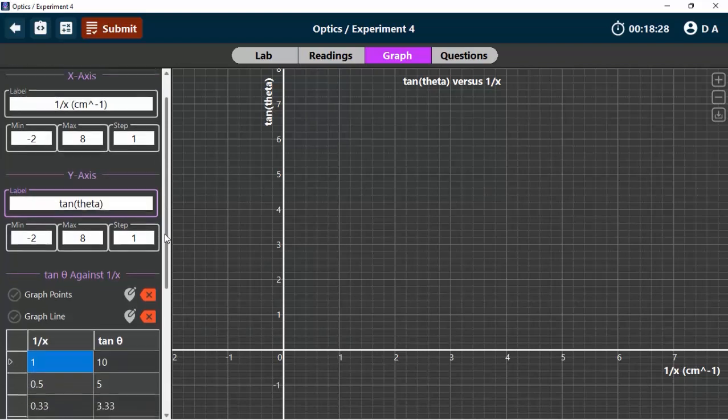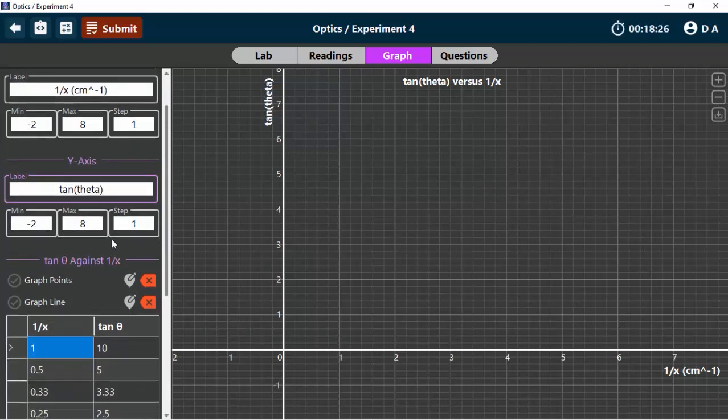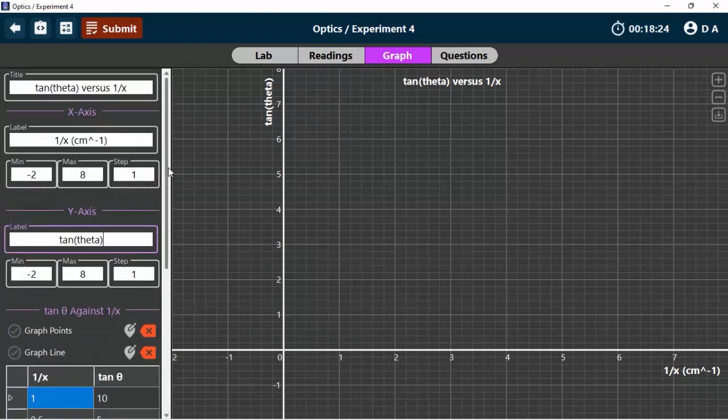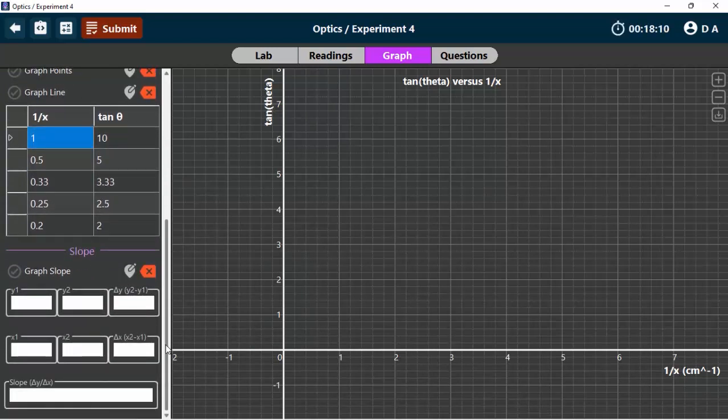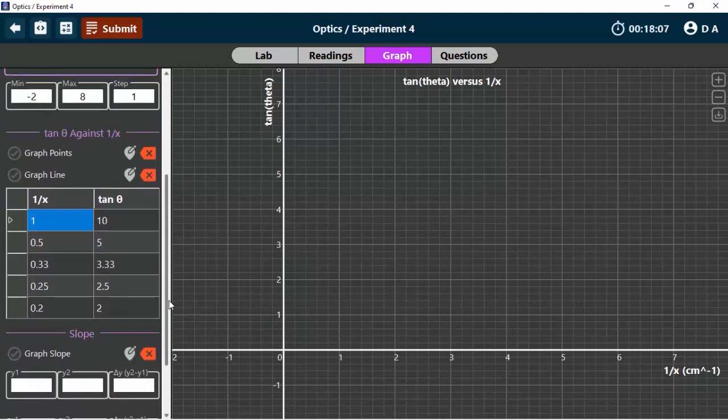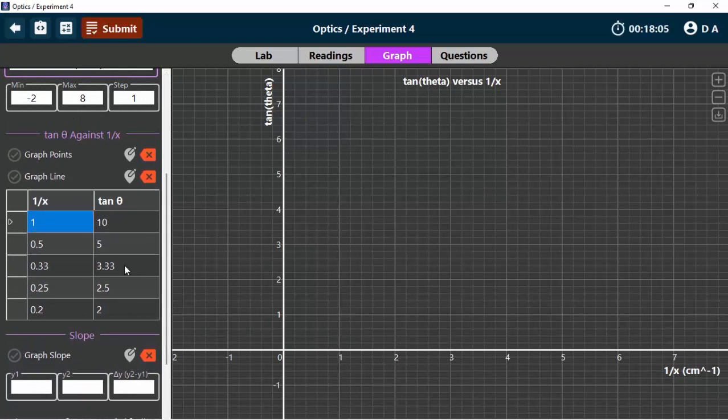Then the next thing I want to do is to define the range of this graph. Defining the range means you want to specify the spacing along the x-axis and y-axis. To know how to do that, watch our video on how to make a good graph. But a quick reminder is this: just figure out the minimum and the maximum that you want to have on this graph, and you have to factor in intercept.